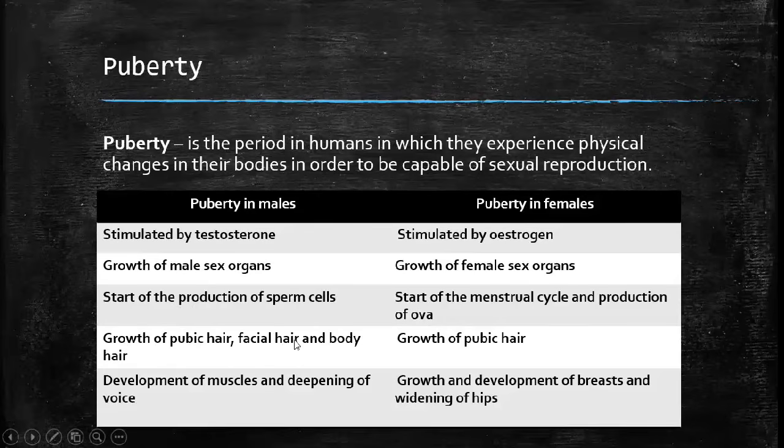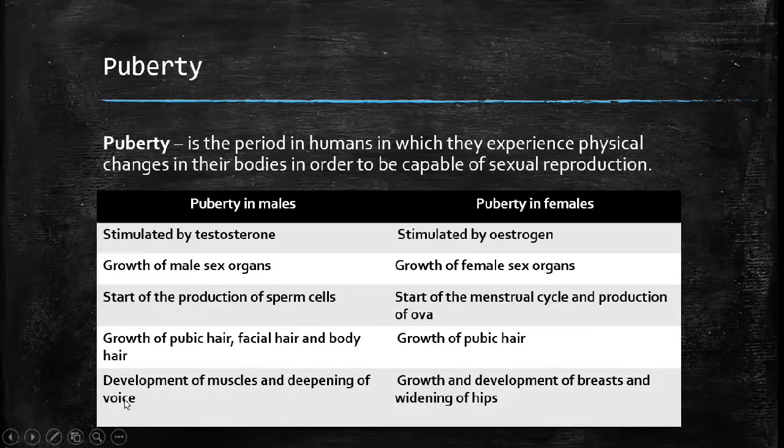Everybody has that. Facial hair is mostly in men, but some women do have it because actually all women have testosterone. Hence, some women grow beards, but they're not as big as the ones that males have. They also grow pubic hair and the hair under the armpits and so forth.